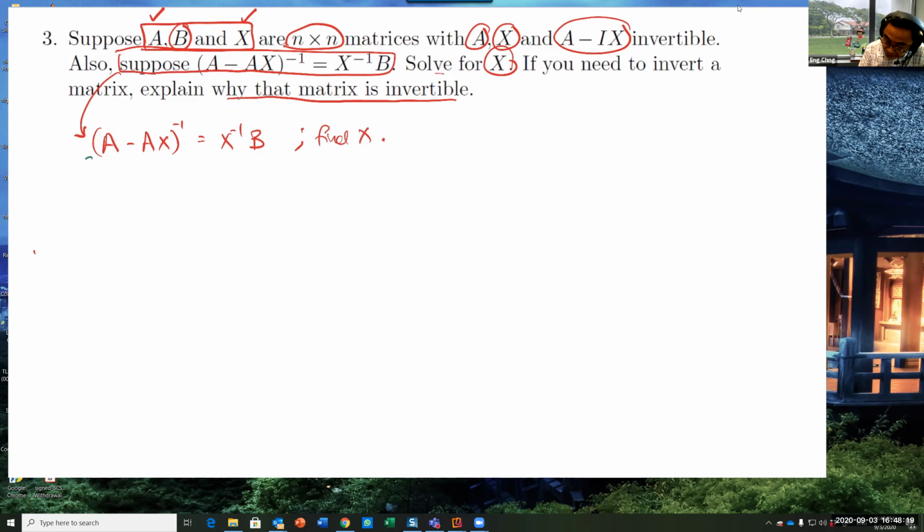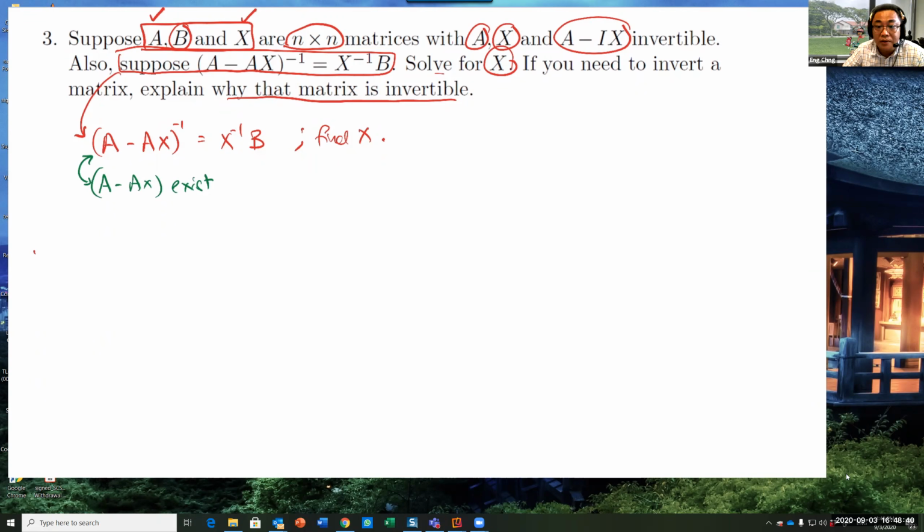He tells you that (A minus AX) minus 1 exists. Therefore, he's also saying that A minus AX exists. So he's just saying the inverse exists.